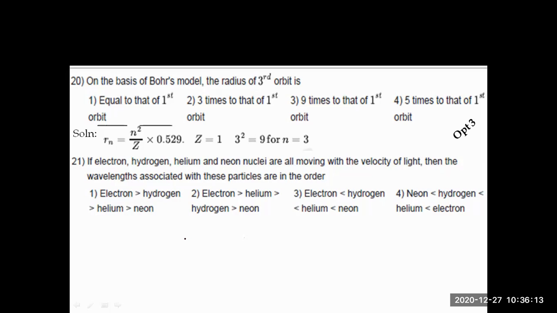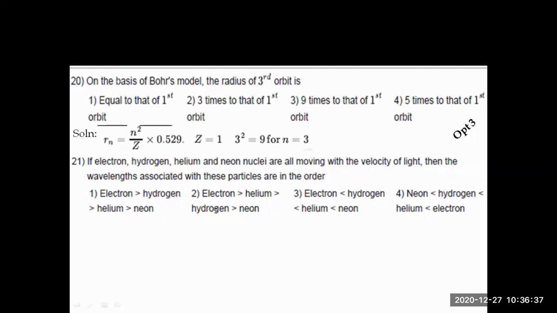De Broglie matter wave concept says wavelength of the matter wave is inversely proportional to the mass. As mass of the particle increases, wavelength of matter wave decreases. So can you answer this question? Keeping velocity of all these particles same, what is the relation between wavelength and mass now?